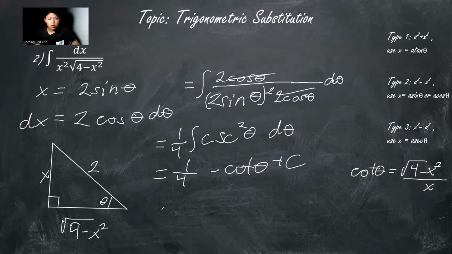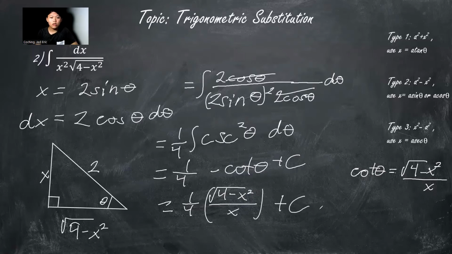So the final answer is going to be 1/4 square root of 4 minus x squared divided by x, plus c. And now that's the answer.